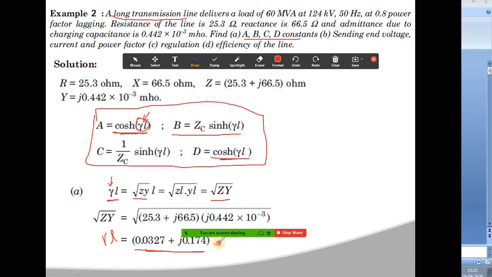Now a hyperbolic function, sinh or cosh, of a complex number cannot be determined directly by using your calculators, so you have to use some alternative methods for determining these two values.